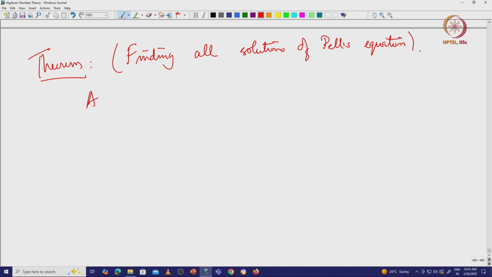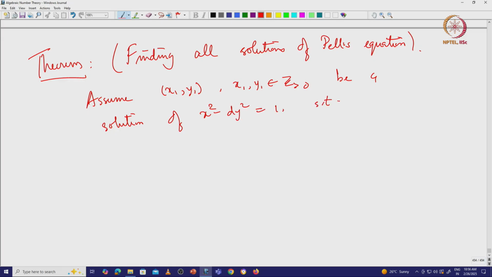So, let us assume x1, y1, where x1 and y1 are both positive integers, be a solution of x squared minus d y squared equal to 1, such that y1 is minimal among such solutions.